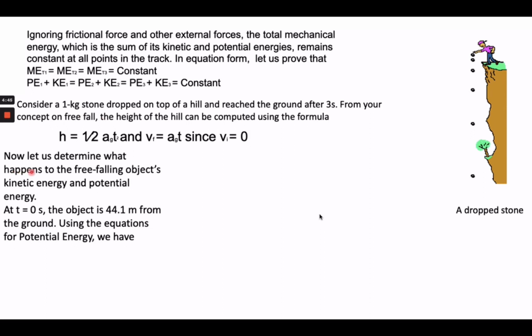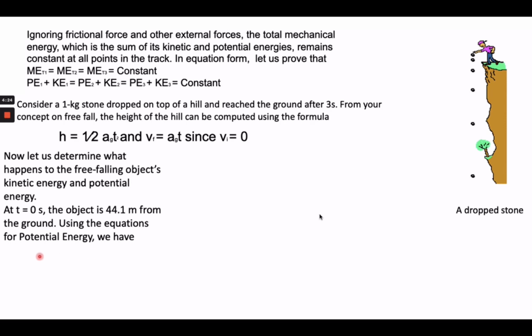Now let us determine what happens to the free falling object's kinetic energy and potential energy. At the given time, which is 0 seconds, the object's height is 44.1 meters from the ground.